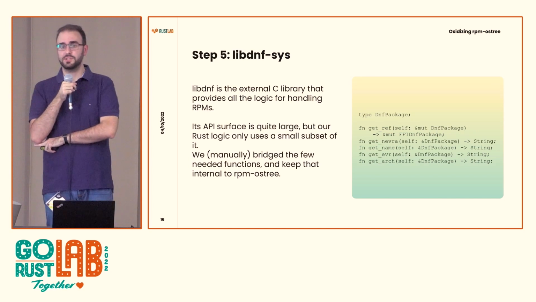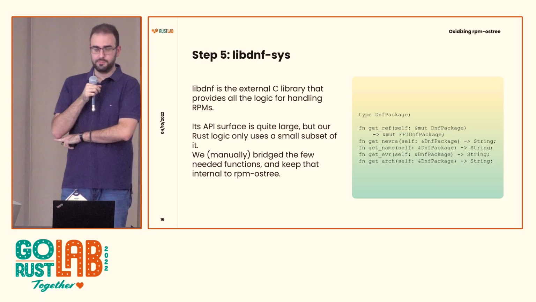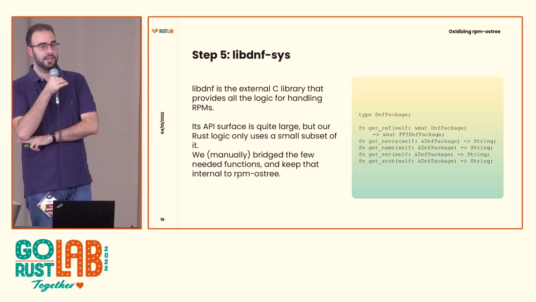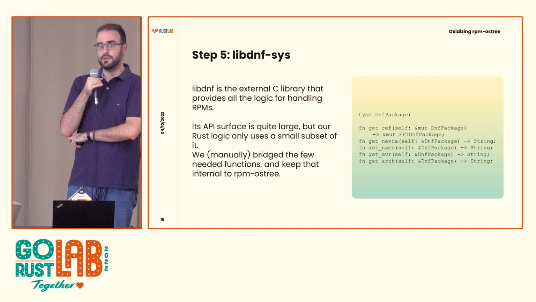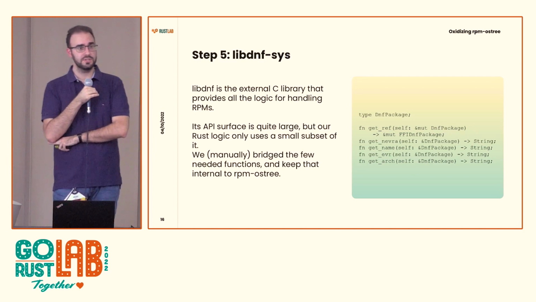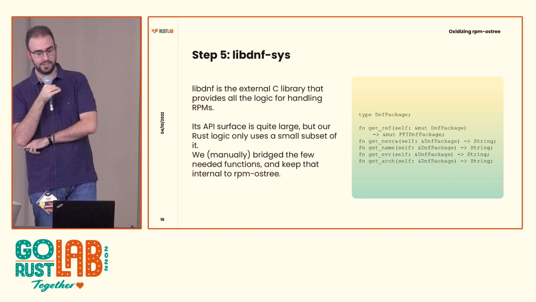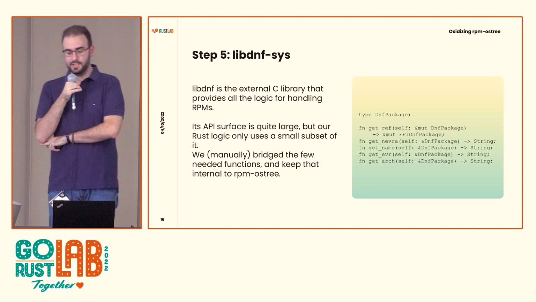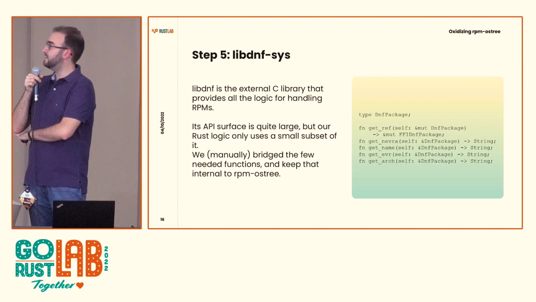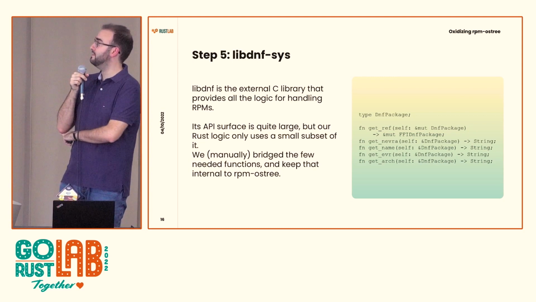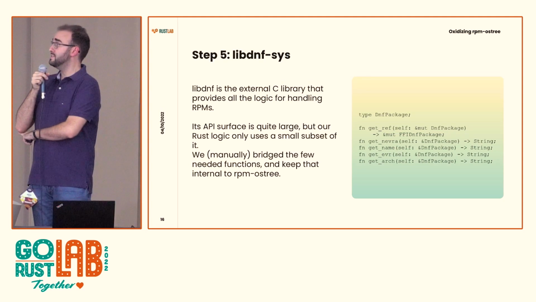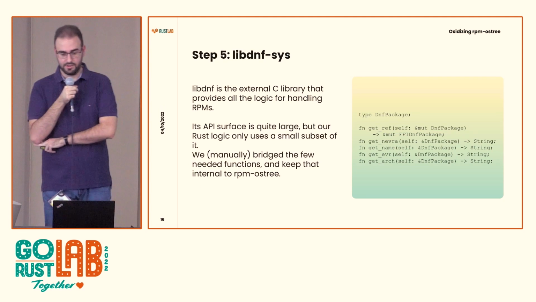And inside RPM-ostree, we don't use all that power. We don't use all those features. So what we did, instead of creating another binding crate and things like that, is just use some internal code, some internal bindings, only for the few things that we care about. And these bindings are kind of interesting. If you look at this snippet, there is no unsafe block.